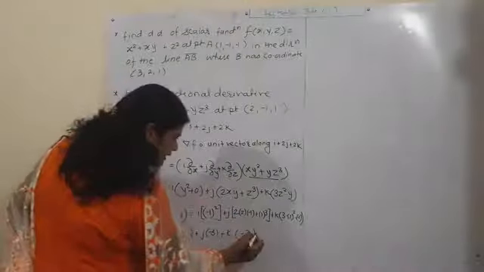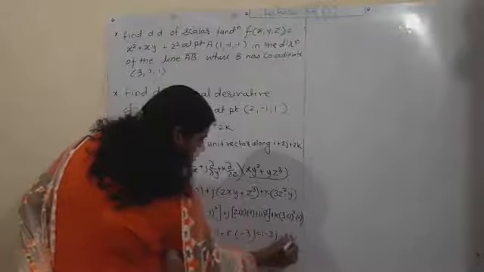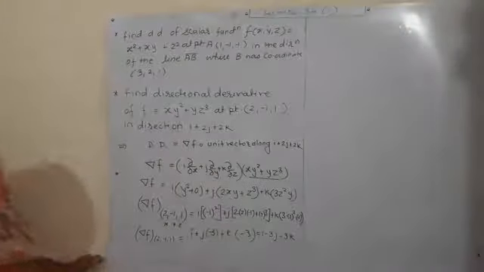So finally what we get: i minus 3j minus 3k. So observe carefully one more time.